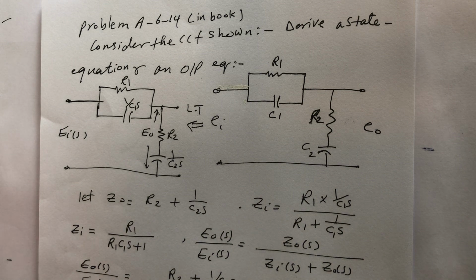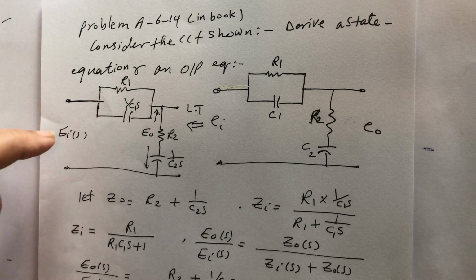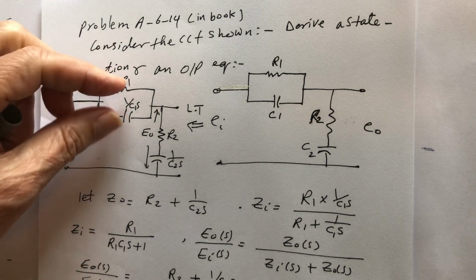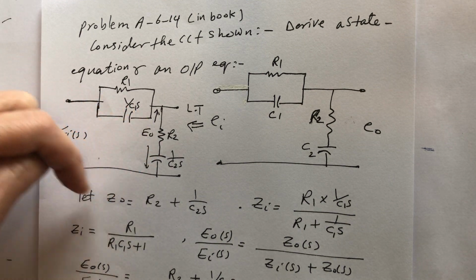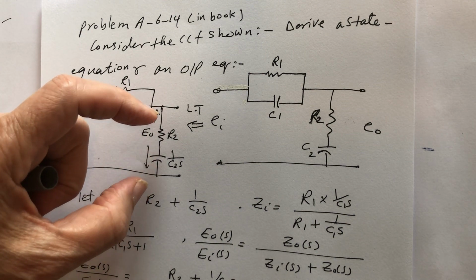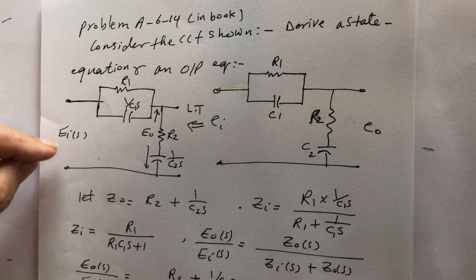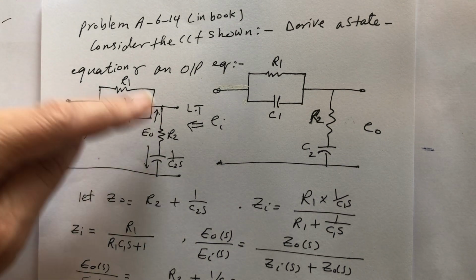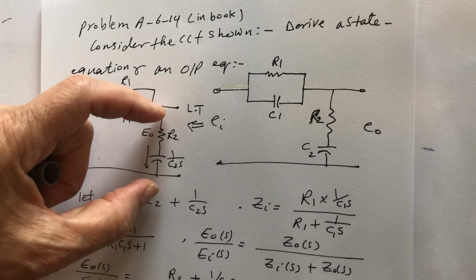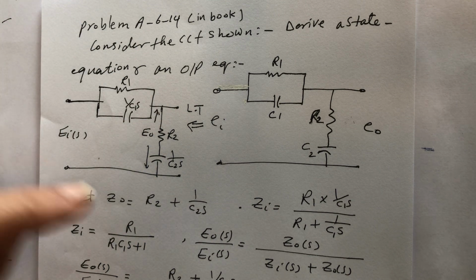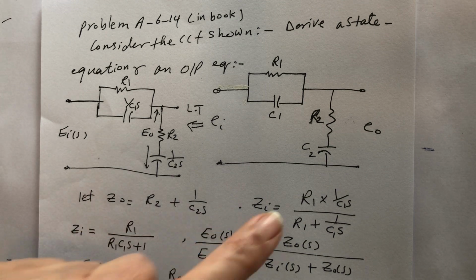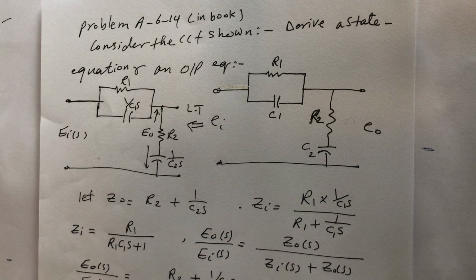If you don't remember it, then you can go by finding the current. If you put this as Z1 and this as Z2, the total current that comes here is I. E out equals the current, which is En over the total impedance, times Z2, and you'll find E out. So it's the same thing. It comes from there. So then E out over En equals Z out over Zn plus Z out, right?